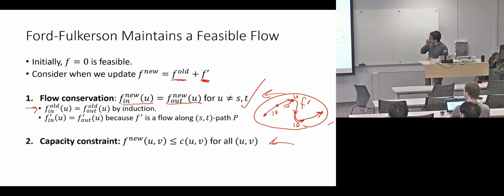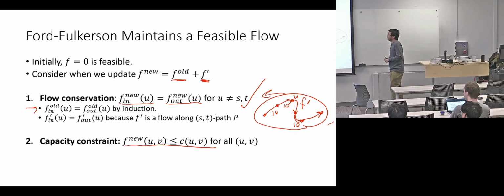Next is capacity, right? We want to say that the flow respects the capacity. So the intuition is this. The old one respects capacity by induction. And what do we do for this F prime?